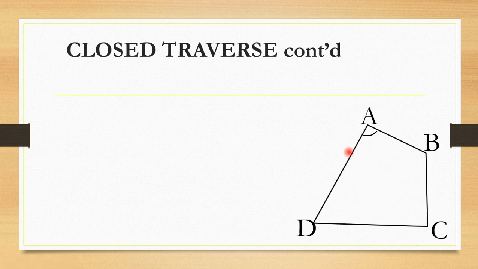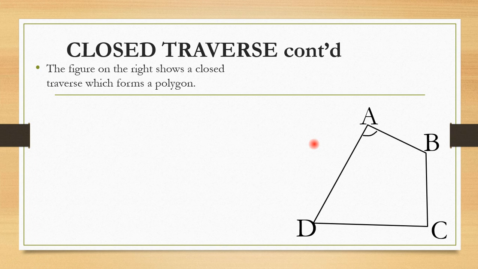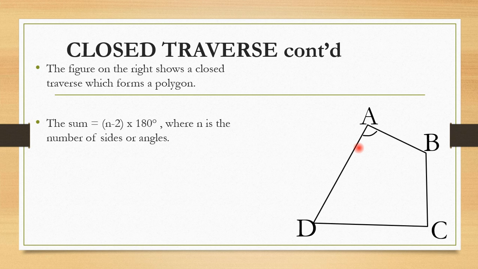So for example, if we have this diagram that has been surveyed, the figure which shows a closed polygon with 4 sides, A, B, C, and D, we can do the preliminary check of a closed polygon to determine whether our angle observation or traversing was done accurately.